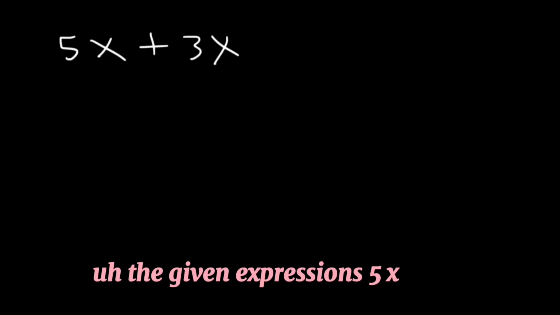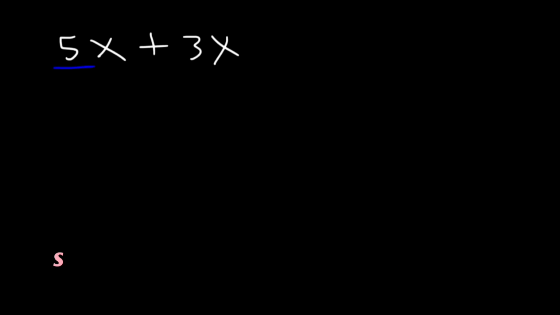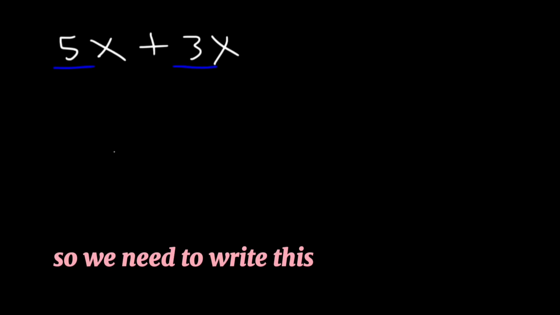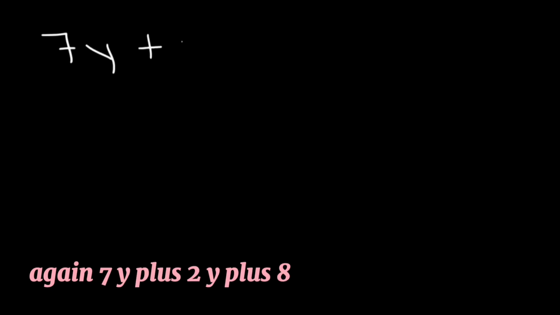Sometimes you may have algebraic expressions like the given expression 5x plus 3x. So we can add like terms here because they have the same variable. We write this by adding the coefficients, 8x. Again 7y plus 2y plus 8.